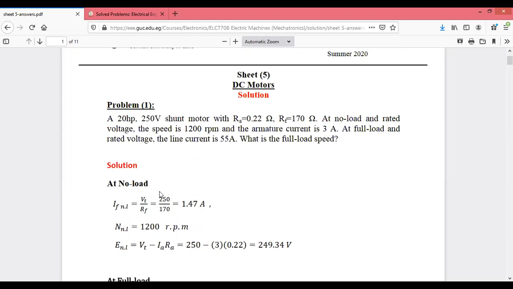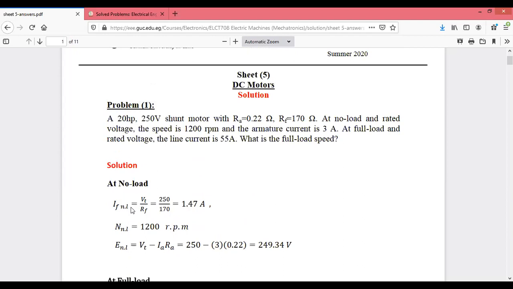We have the values of Ra and Rf. At no load we can find the current, because they have not given the value of current. They have given the voltage, the armature resistance and the field resistance. So you can calculate the current flowing through the field winding, which we denote as I field no load.